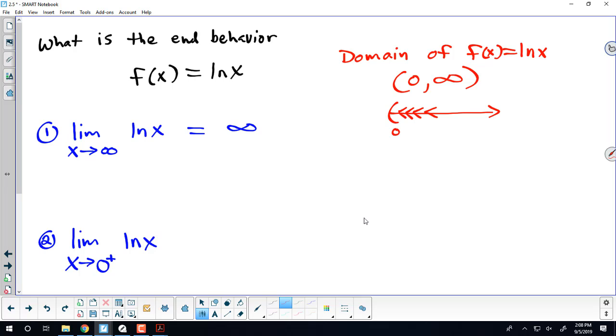So how do we know that this function just continues to grow as x gets larger and larger? I guess in all technicality, we don't.